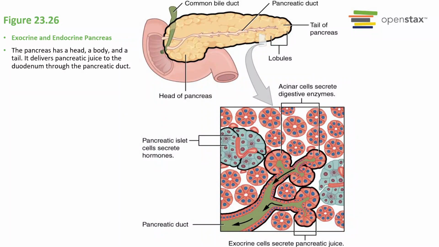These exocrine cells are known to secrete the pancreatic juices, and this occurs either via an accessory duct directly into the duodenum or the pancreatic duct, which joins with the common bile duct before entering the first segment of the small intestine, the duodenum.